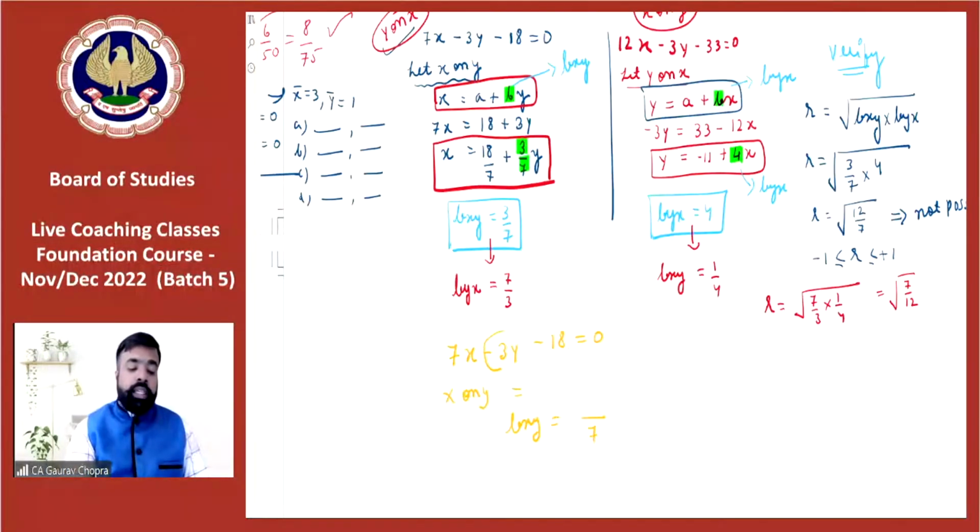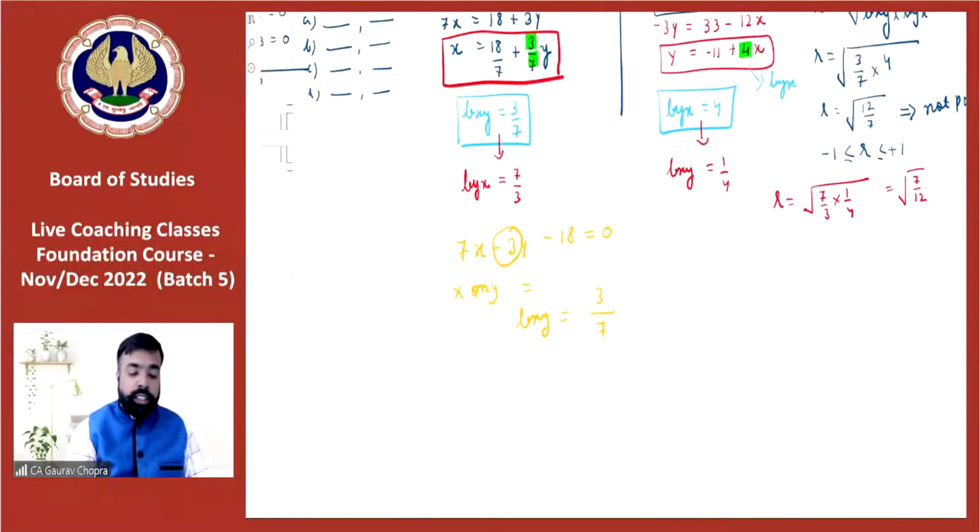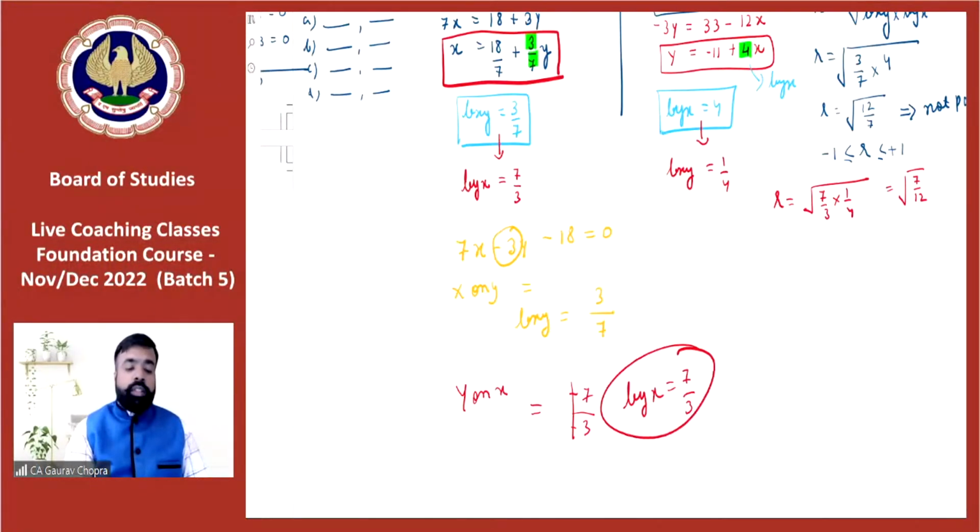Now this minus 3 will go on the other side and become positive 3. So we can directly write 3 by 7, no need of arrangement. And if you want to assume this as y on x, that means this negative 3 will come in the denominator, and 7 will go on the other side and become minus 7. So we can cancel the negative sign, and byx will be 7 upon 3, just as calculated above.